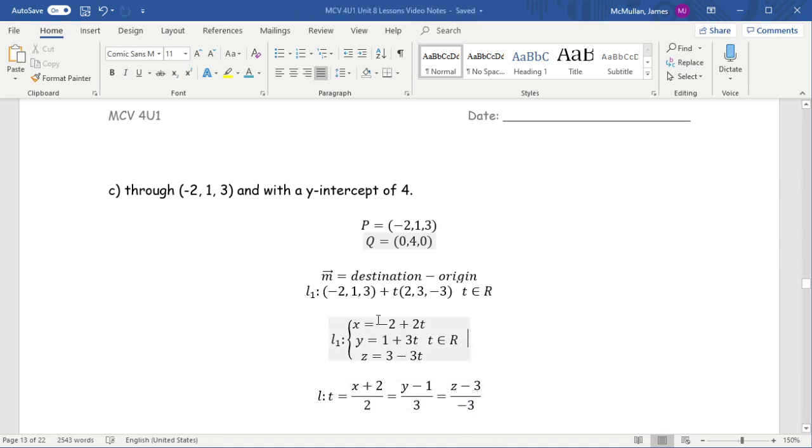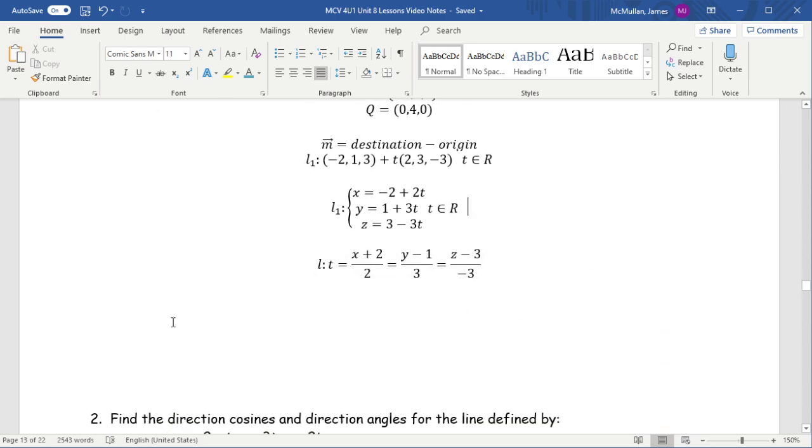Again, it should be easy to test a point. Let's test if (0, 4, 0) is on here. When I plug in 0, 0 plus 2 over 2 is 1. When I plug in 4, 4 minus 1 is 3 over 3, which is also 1. And when I plug in 0, I have 0 minus 3 over -3, which is also 1. So I know I did that right.